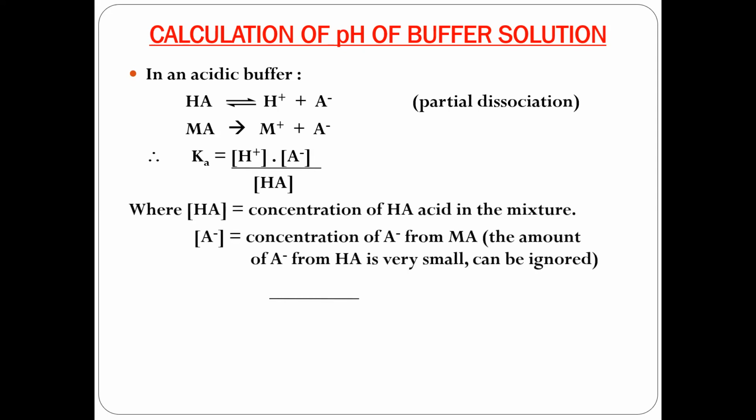HA is the concentration of the acid. A- is the concentration of A- from the salt, MA. The amount of A- from HA is very small and can be ignored. So we rearrange the equation and make H+ the subject. This is a formula which can be used to find the H+ concentration.